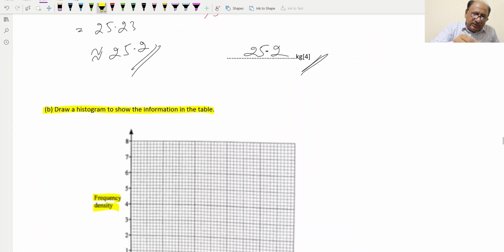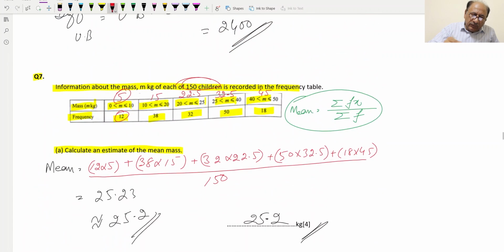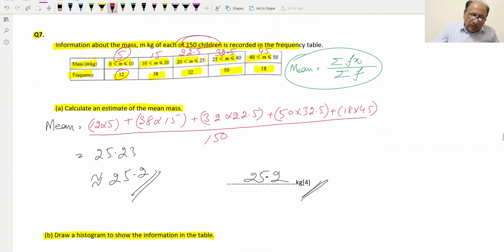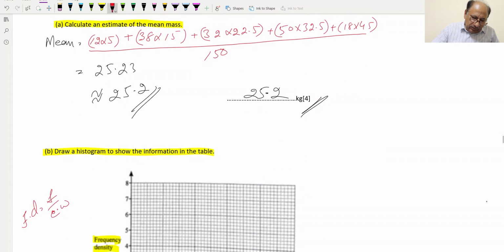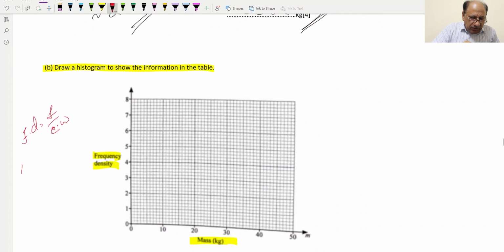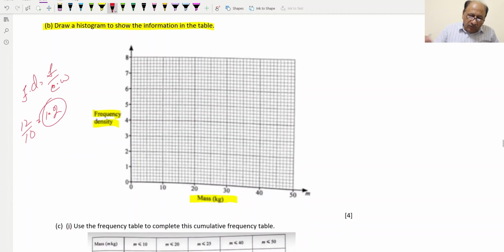Frequency density is equal to frequency divided by class width. So for the first calculation, 12 and class width is 10, so 12 over 10 means 1.2. So this height should be 1.2.